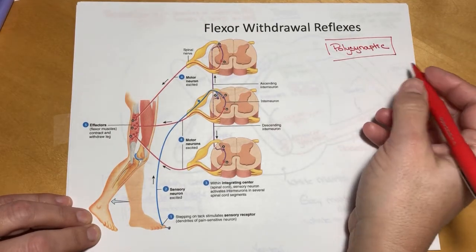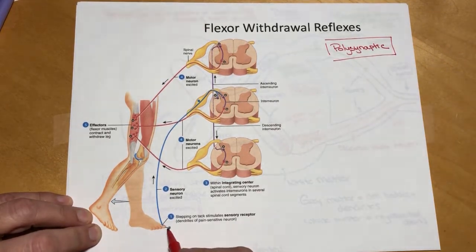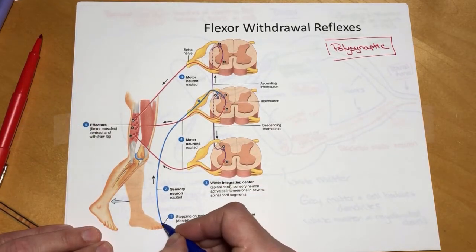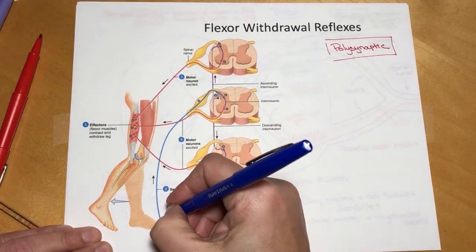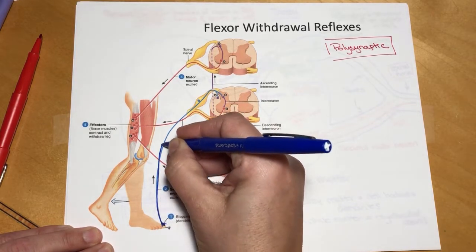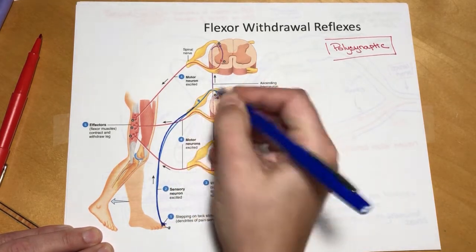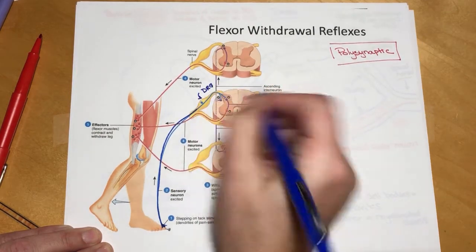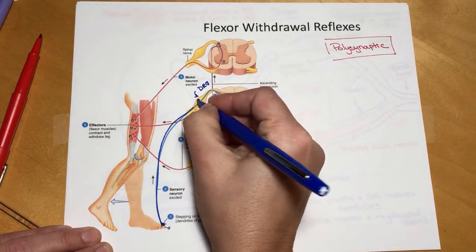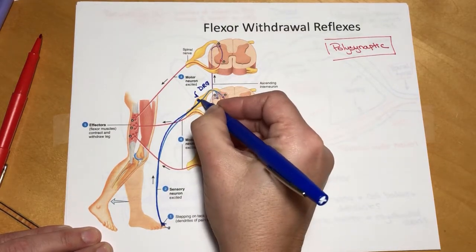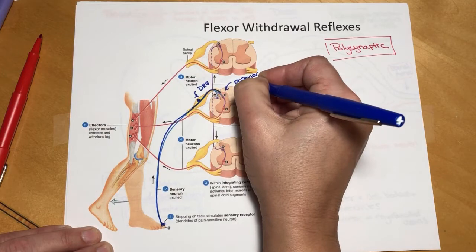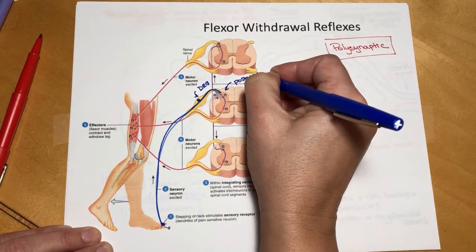And this has to do more with pain. So imagine you step on a tack. Well, that sensory information is going to be collected by the receptor. It's going to be brought in on the dorsal side. Here's the dorsal root ganglia. Here's the cell body for our somatosensory neuron, and it's going to come in here to the posterior gray horn.